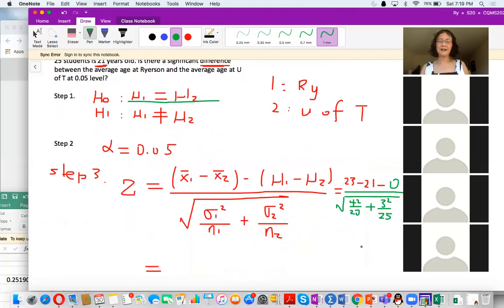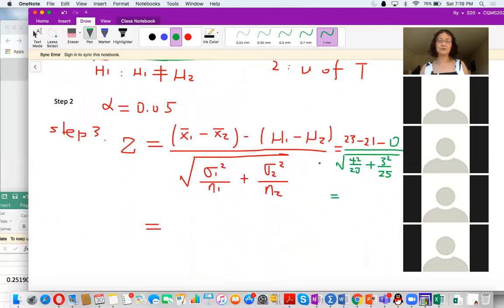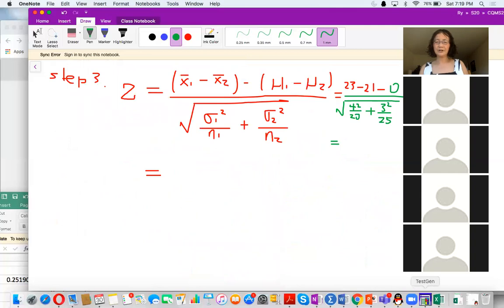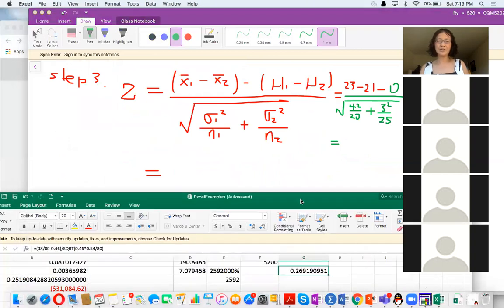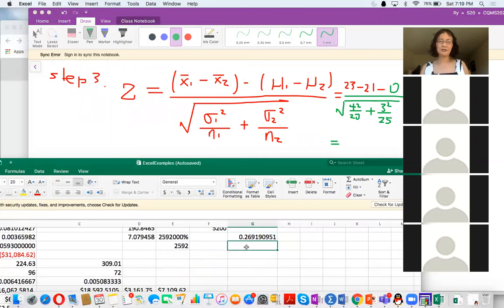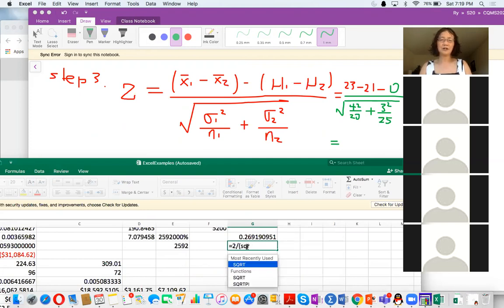Okay, and then you do the calculation of this one. So I'm going to use Excel. You can double check using your Excel or formula. So on the top, 23 minus 21 is 2, divided by on the bottom the square root of 4 squared divided by 20 plus 3 squared divided by 25.